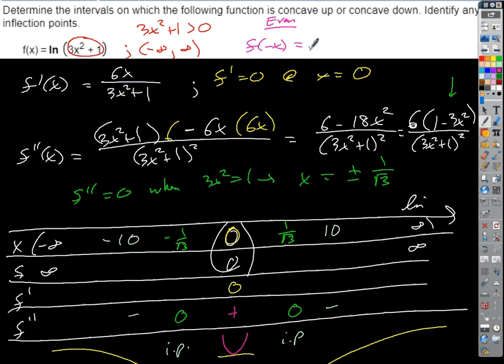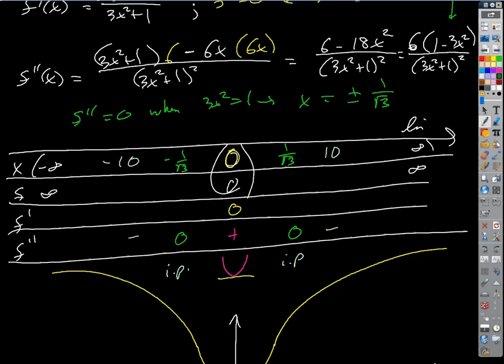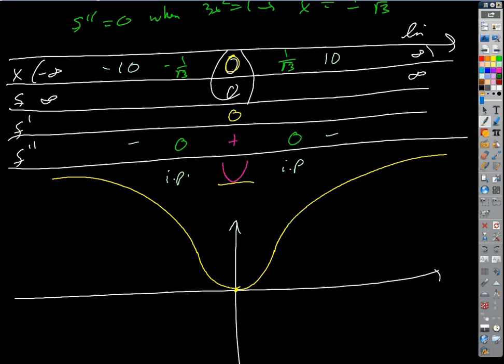Because look, the only x you see in the whole thing is inside of an x squared, so it doesn't make any difference if I'm plugging in a positive or negative value. When I square it, I'm getting back the same positive value, aren't I? So this checks the box for even symmetry. And so really, we could have just done everything to the right and reflected it over the y-axis to cut our workload down a little bit, right? Okay, does that make sense?